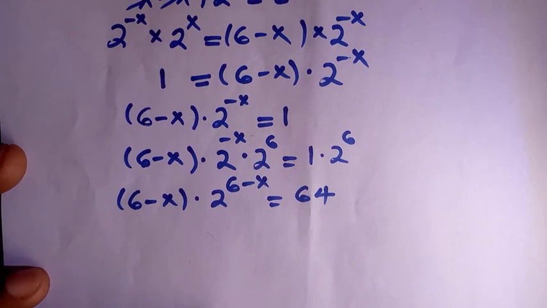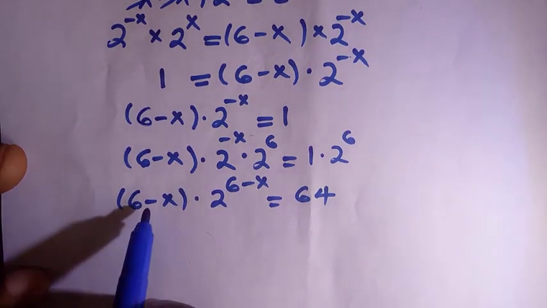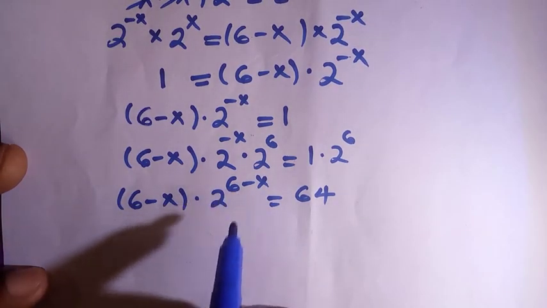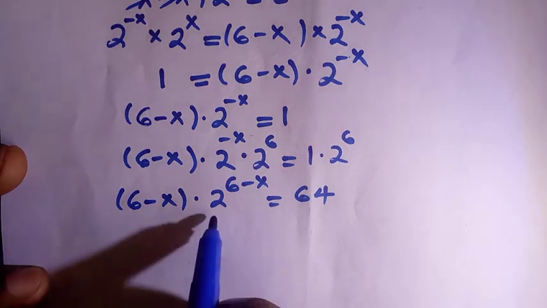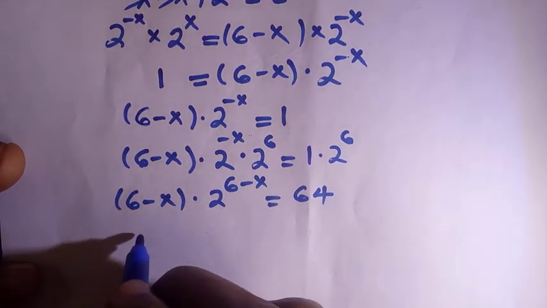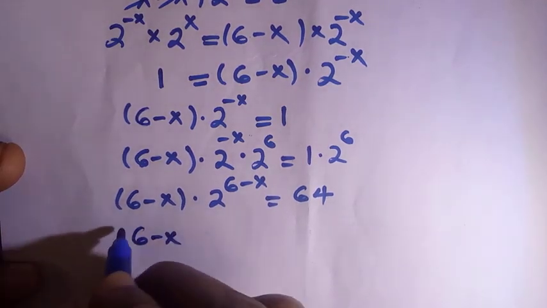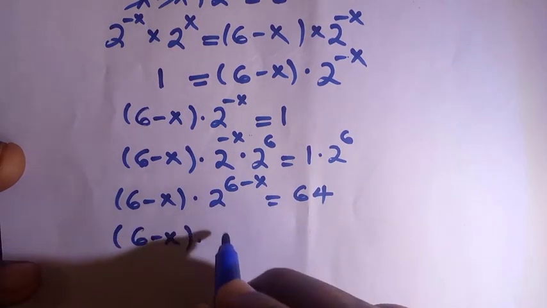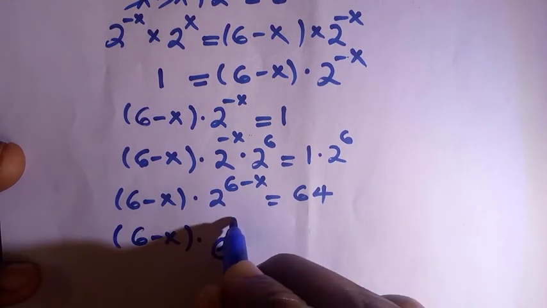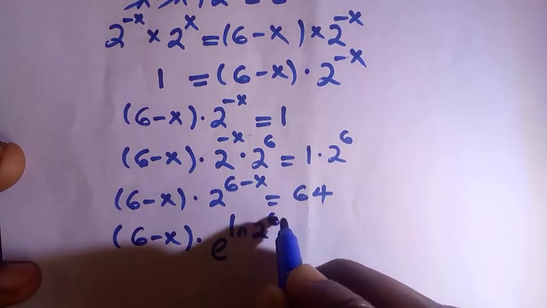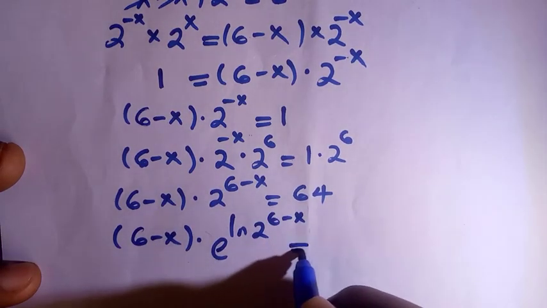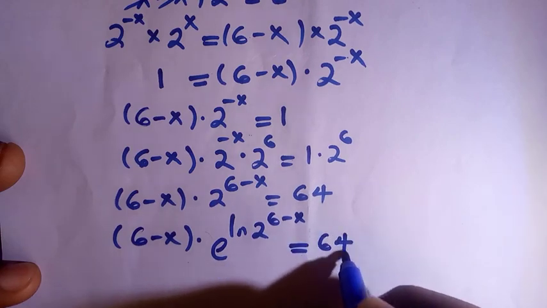And now getting to this, I want to follow the rules of Lambert, but to achieve that aim, we need the exponential and the ln. So if I manipulate these two, it becomes the exponential of ln 2, carrying 6 minus x, and this equals 64.